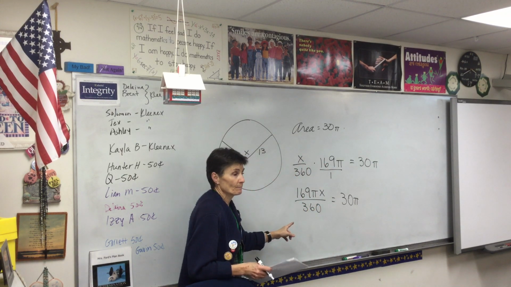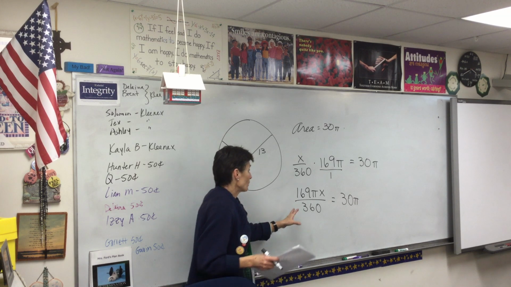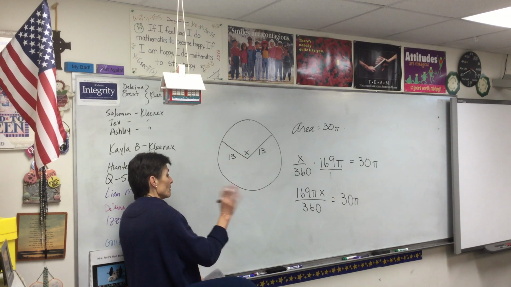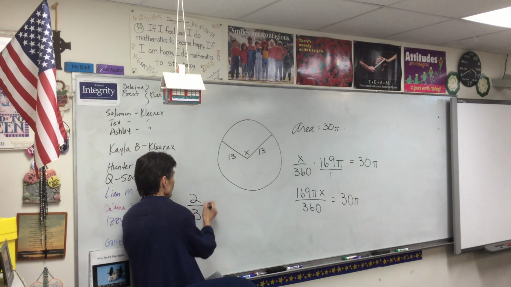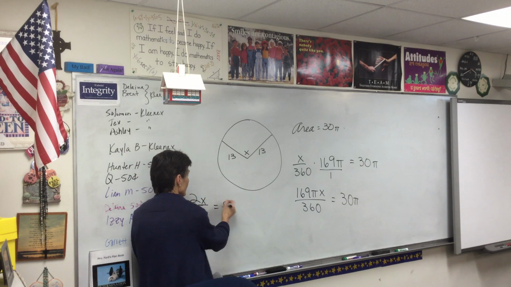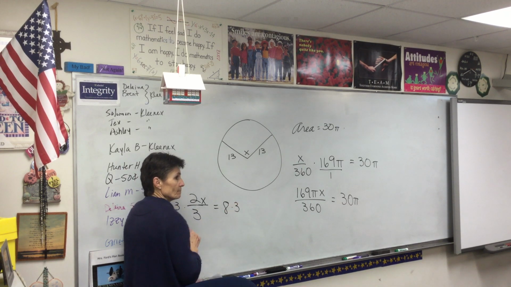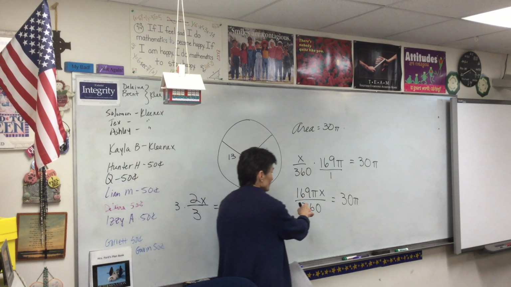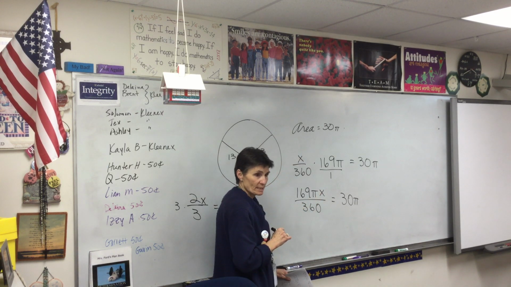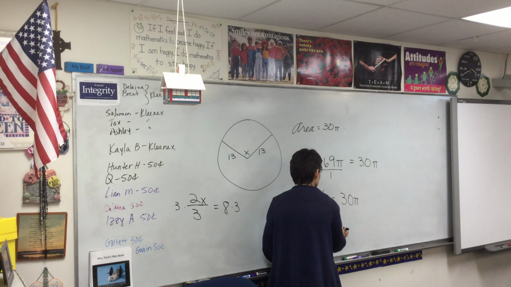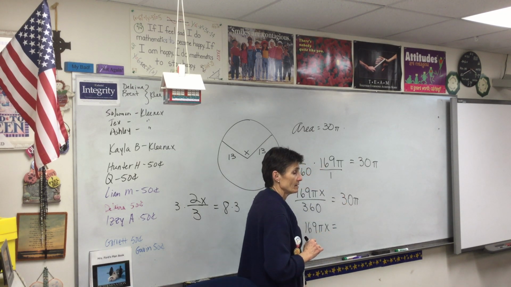Now, I know those fractions and ugly letters and pies, but if you had 2x over 3 equals 8, wouldn't you multiply both sides by 3? So what are we going to multiply both sides by? 360. So 169 pi x equals 360 times 30.